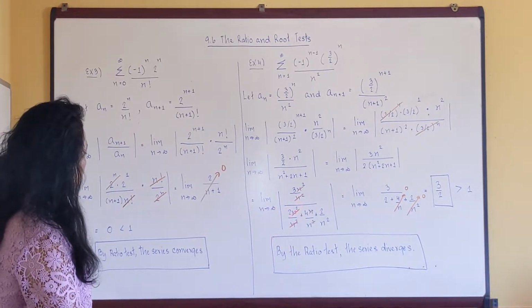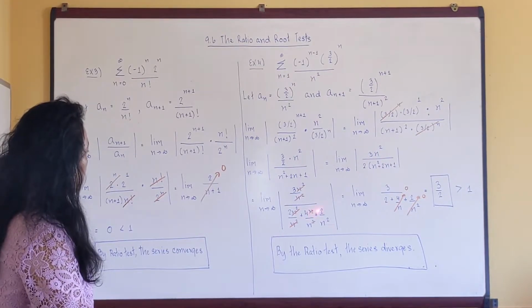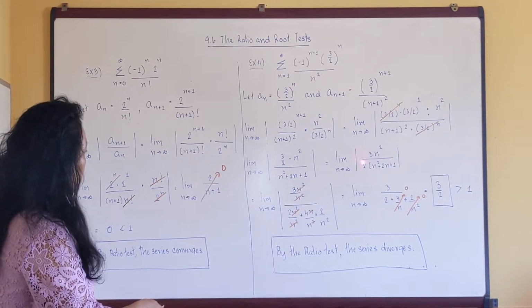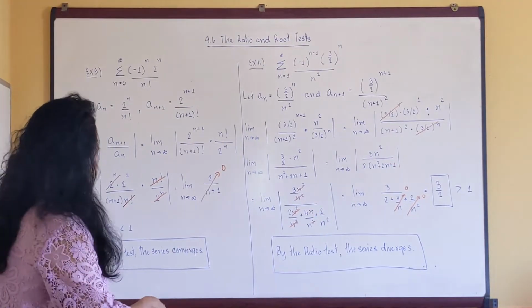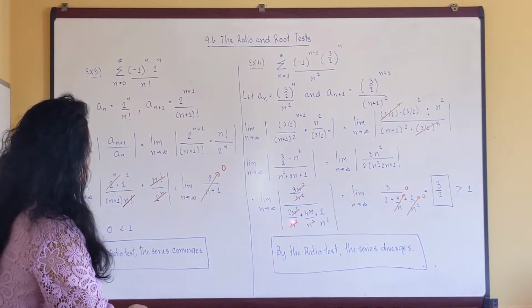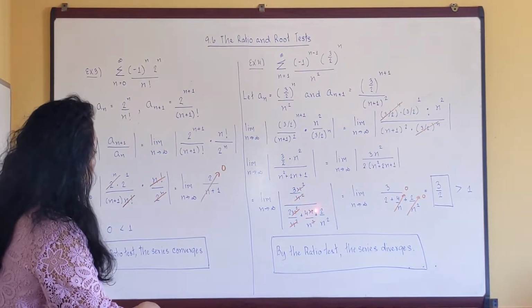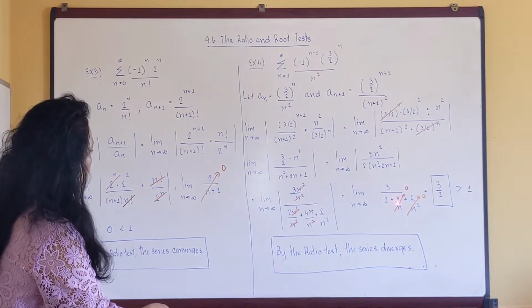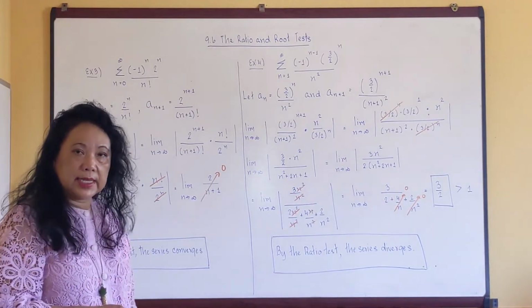So I have 2n squared over n squared plus 2 times 2 is 4n over n squared, 2 times 1 here is 2 over n squared. And then simplify the n squared. This n squared cancels, I'm left with 3. This n squared cancels, I'm left with 2. I have 4n over n squared, so I have 4 over n left. And the last term, nothing I can do, just 2 over n squared.